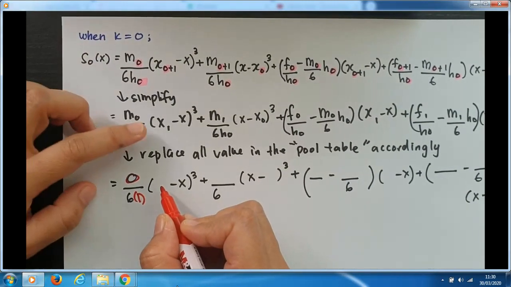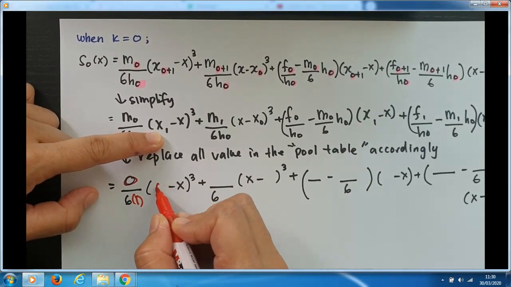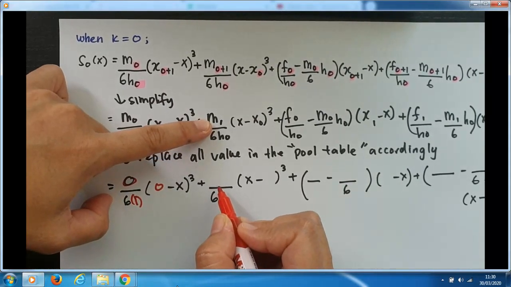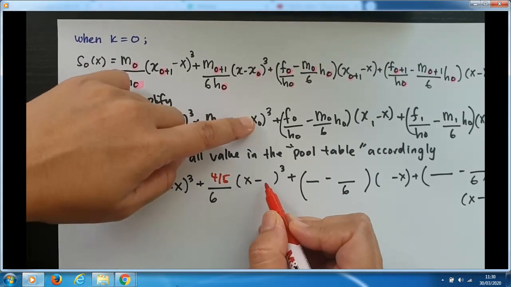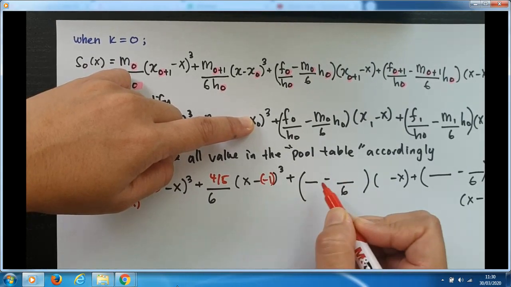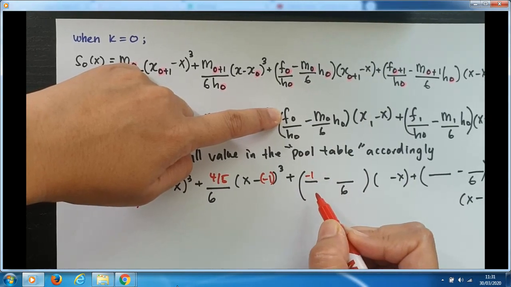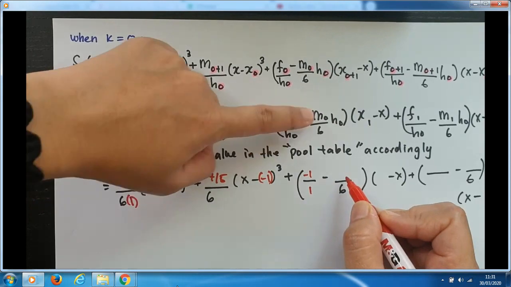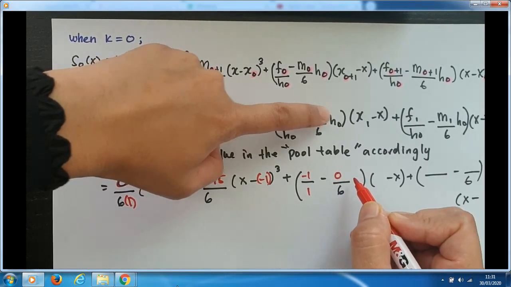Okay. So this is X1. X1 is 0. M1 is 4 over 5. This one is X0 is -1. Over here you have F0 is -1, divide by H0 is 1. This is M0 is 0.